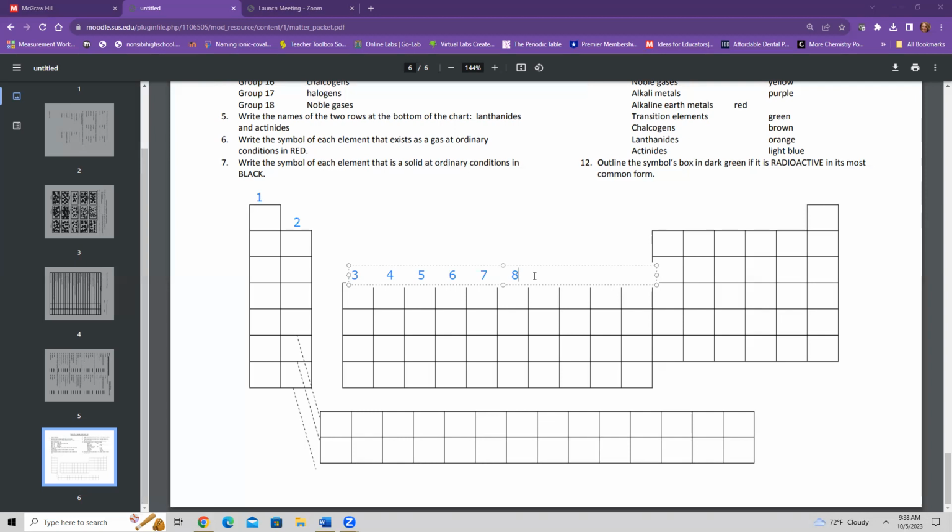10. 11. 12. And now up here, we got these to label. 13. 15. 16. 17.